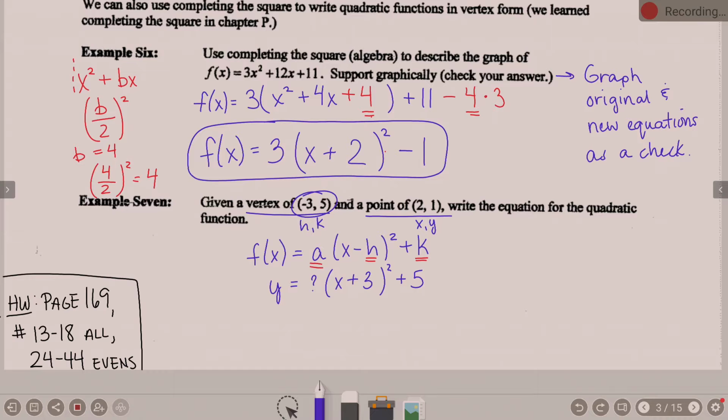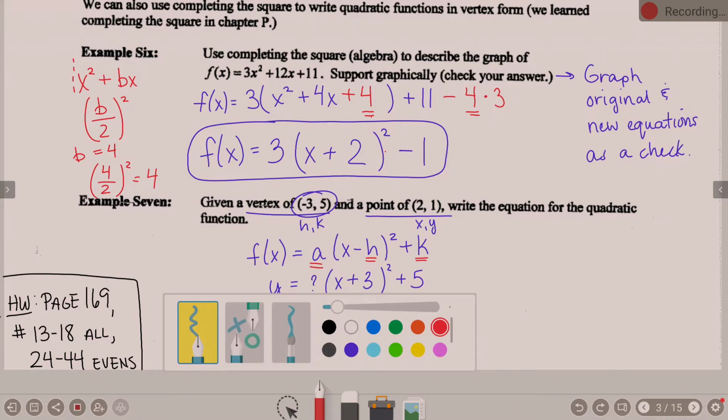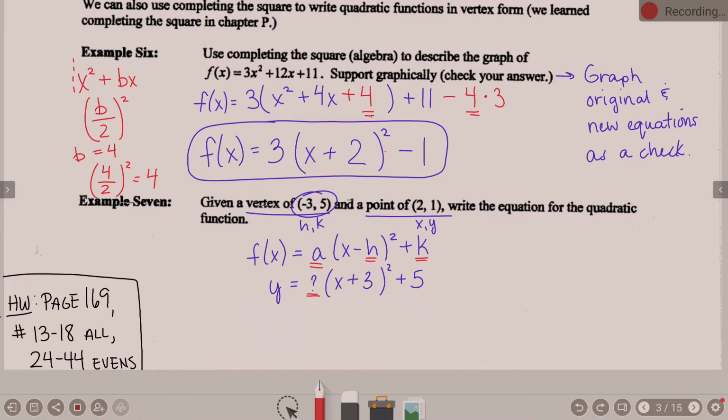Do we have information that will help us find a? Because that's the trick, we don't know a. Yeah, we have this xy point here we can use. We want to fill that in and use that to find a. So for y, I'm going to say 1 equals a times x plus 3, so 2 plus 3 squared, plus 5. Order of operations.